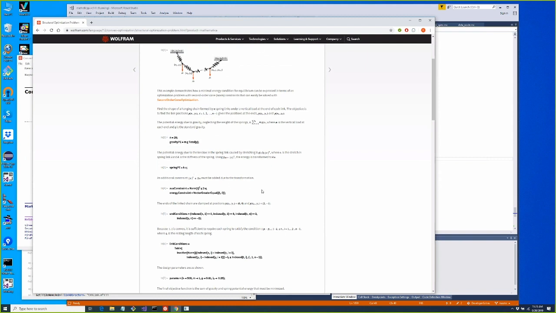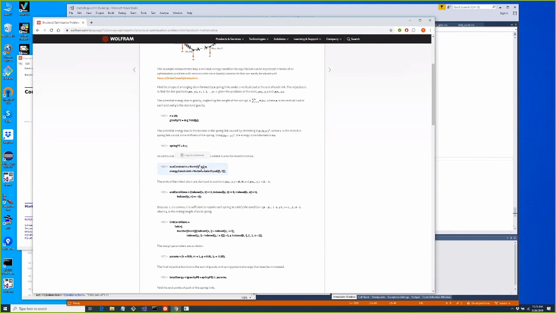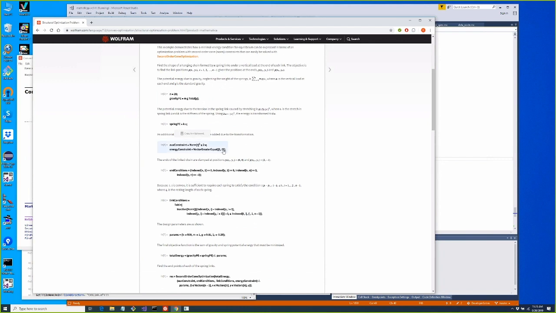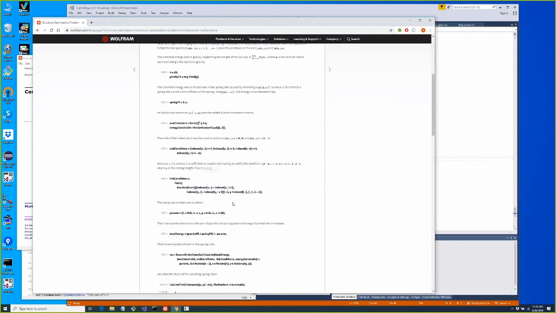Then we're going to add another constraint so that the norm is less than or equal to the variable u, and then we put in conditions that the two ends of the springs are fixed, and then we condition the links.